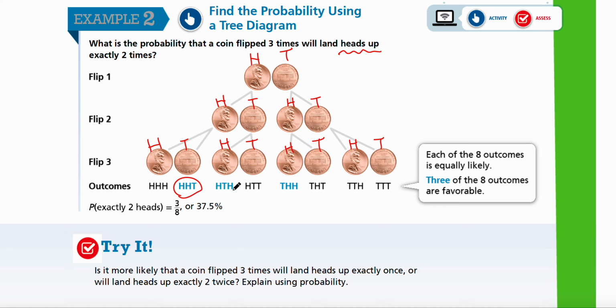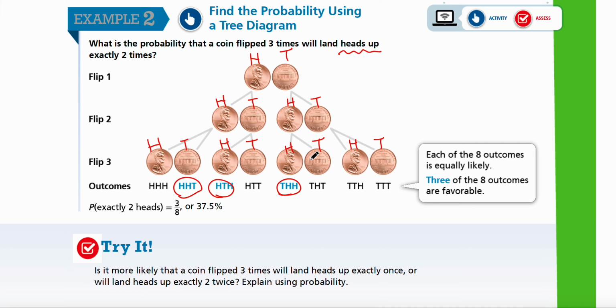So it could be this, or that, to get 2 heads, right? So we can have 3 different favorable outcomes for 1, 2, 3, 4, 5, 6, 7, 8 different total outcomes, right? So 3 out of 8 would be 37.5%. So sometimes we don't want exactly one favorable outcome. There may be more than one time that would happen. So you need to count how many times.